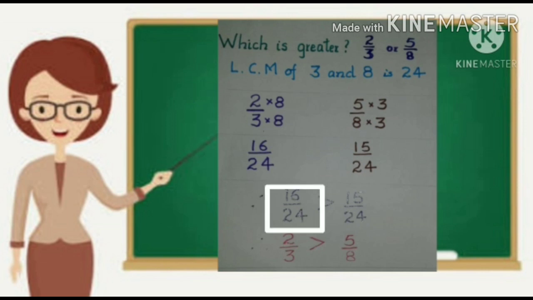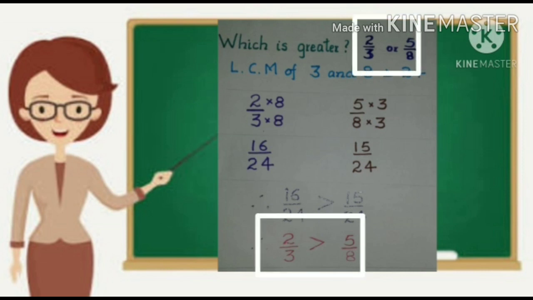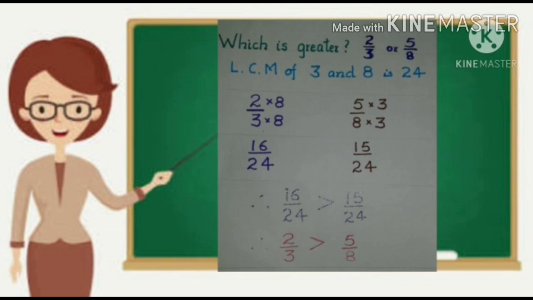Therefore, 16 upon 24 is greater than 15 upon 24. These equivalent fractions actually belong to the old fractions 2/3 and 5/8. So we can say 2/3 is greater than 5/8.